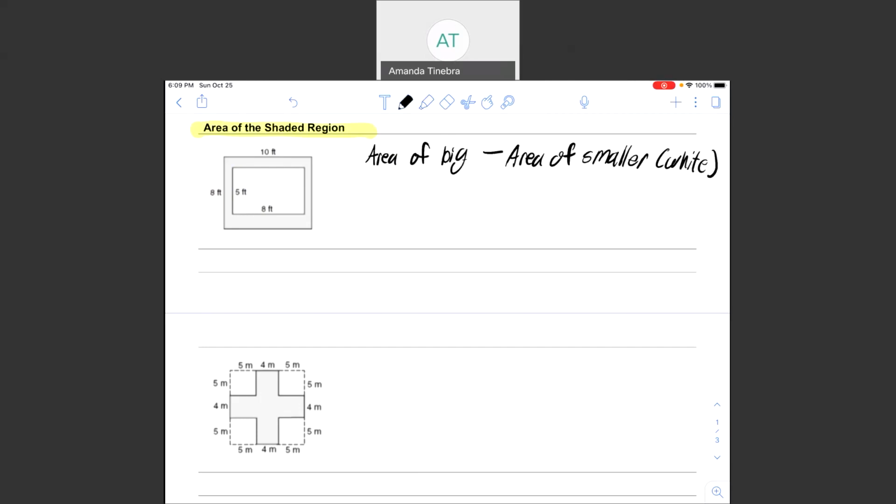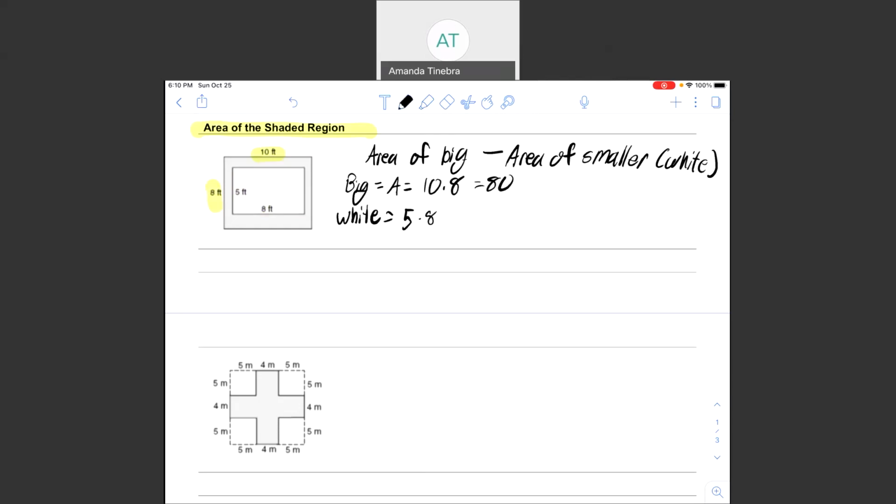So if I was going to find the area of the big rectangle, it's going to be the length times the width. So that is 10 times 8, or 80. Now I want to find the area of the smaller rectangle, the white one. The area of that is 5 times 8.